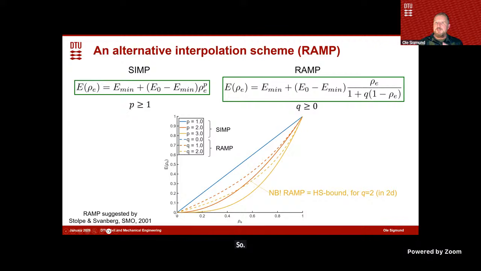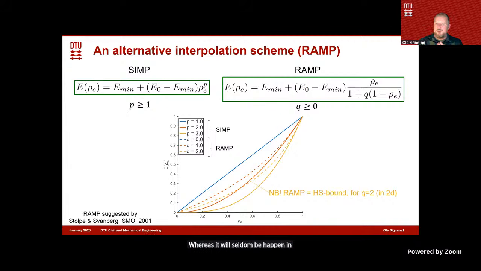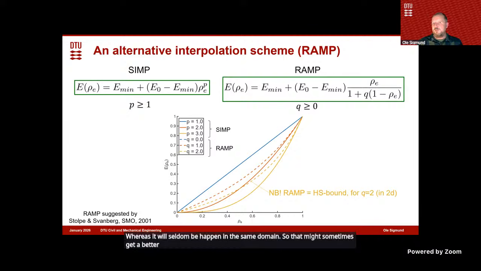So if you have a void domain, the RAMP interpolation should make it easier to grow material from that void domain, whereas it will seldom happen in the SIMP domain. That might sometimes give better convergence, but my experience is that it's not a clear picture of preference for one or the other.